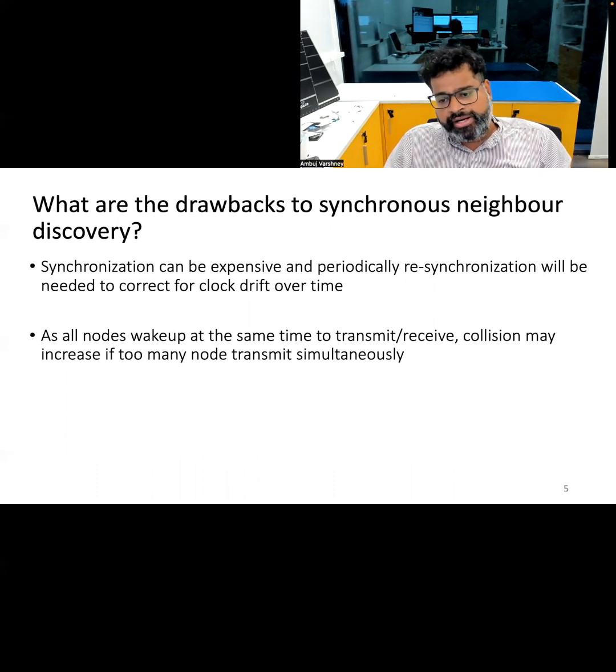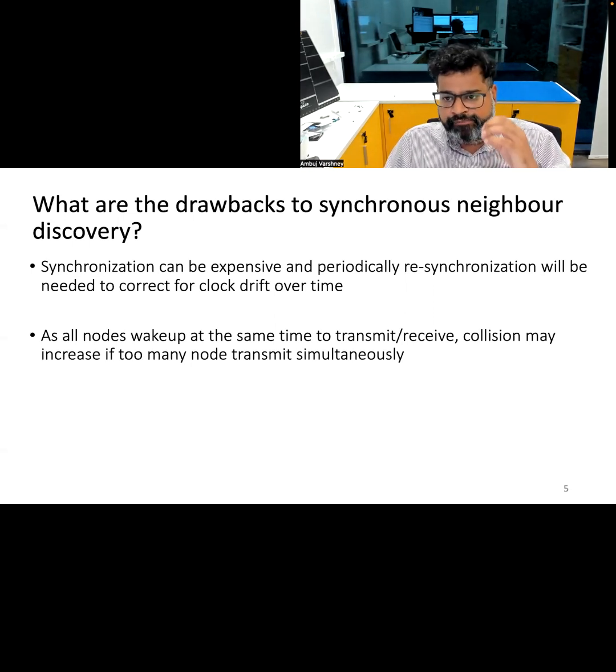To give you an analogy for clock drift, imagine a group of people who are trying to meet at a specific time. Some people's watches are running faster than others, and if they don't periodically resynchronize their watches, they will eventually be out of sync and arrive at very different times. Similarly, in synchronous neighbor discovery, nodes need to periodically resynchronize and correct for clock drift to avoid going out of sync.